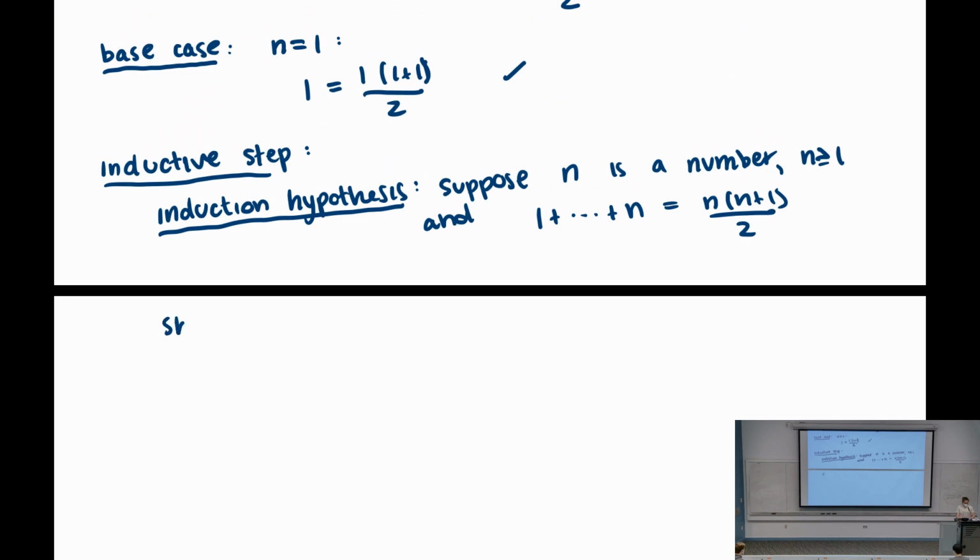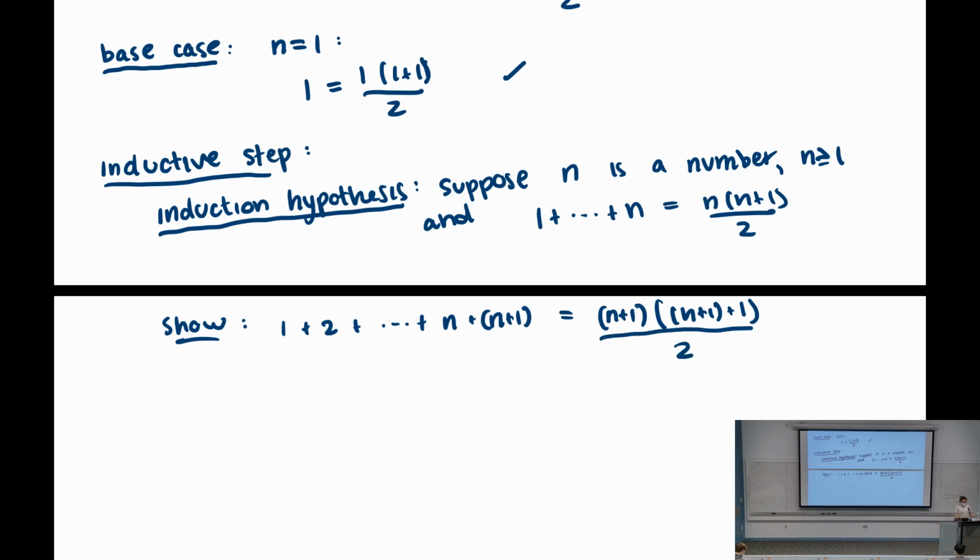Then what we need to show is that n plus 1 satisfies this property. So how that looks is we'll have 1 plus 2 and so on up to n and n plus 1. So we have to show that this is equal to n plus 1 times n plus 1 plus 1 over 2. Okay, and then that will be our proof.